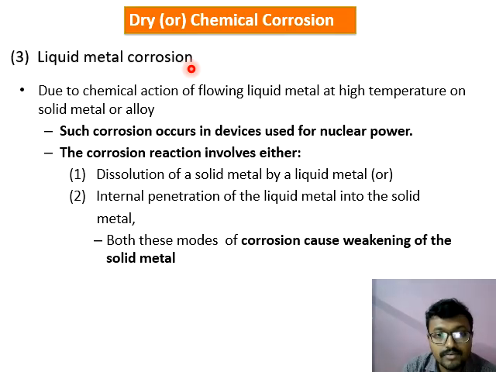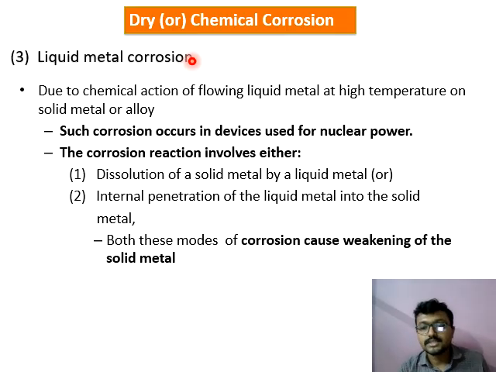That is also one type of corrosion. If we put mercury on sodium, we get sodium amalgam, in which the sodium metal is corroded. If we put gallium, a liquid metal, on aluminum, we will see that the aluminum shell is completely destroyed. Right? So this is called liquid metal corrosion.